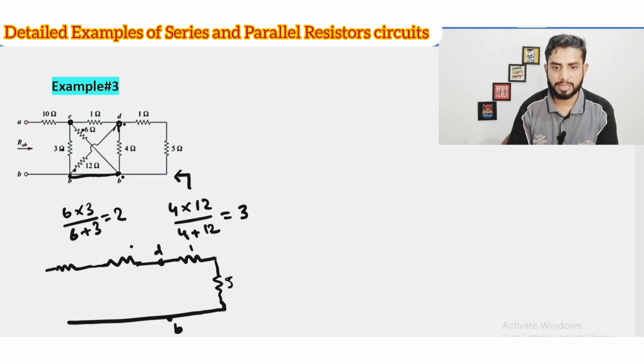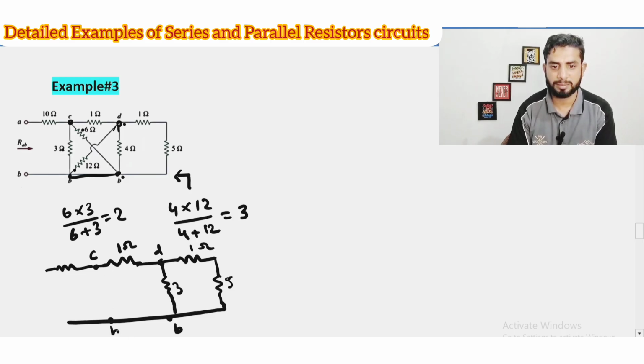Look into here. D and B were the 6, 4 and 12 parallel combination. It means D and B have 3 ohm resistance. That was the parallel combination, 3 ohm resistance. C and D had 1 ohm resistance, that is here, and this is the C and B terminal.